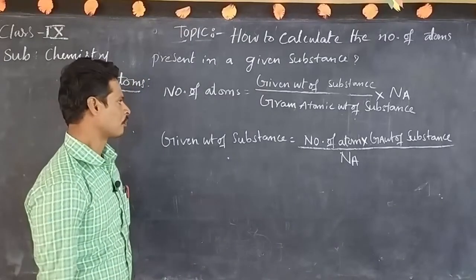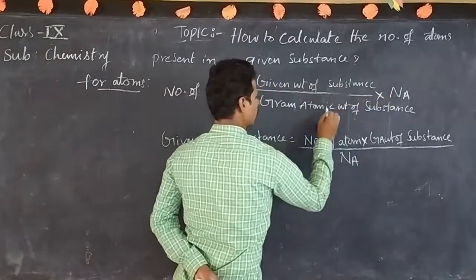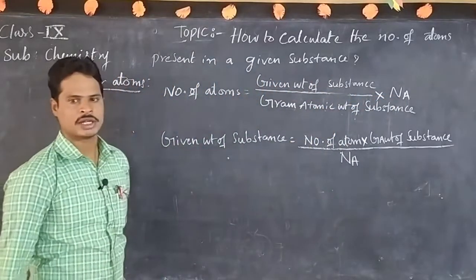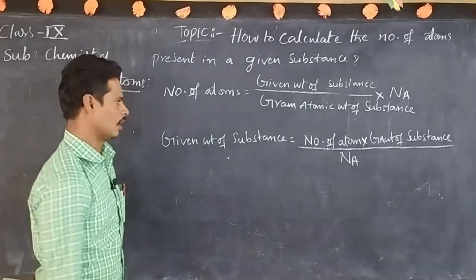Next, third formula. We know these two values and the Avogadro number value. We don't know gram atomic weight of substance. How can you calculate? How can you write the formula?